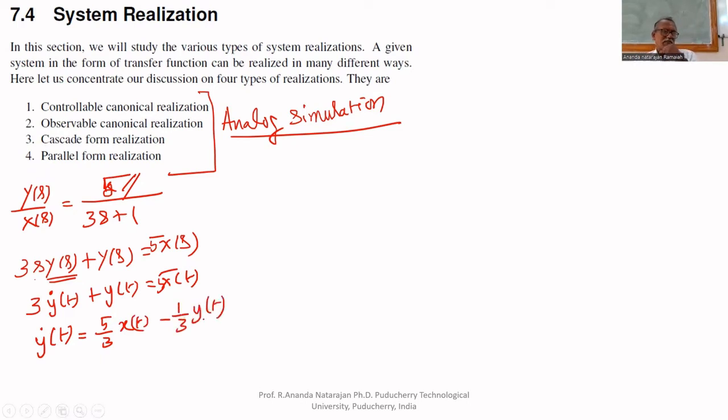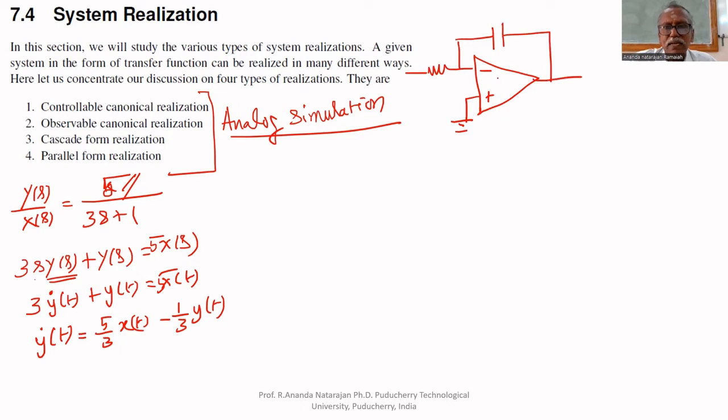We can simulate this. How to simulate? You know the integrator. If you connect a resistor here and a capacitor in the feedback, it is an integrator. If you give any voltage here, that will be integrated and it will be available in the output, but inverted.